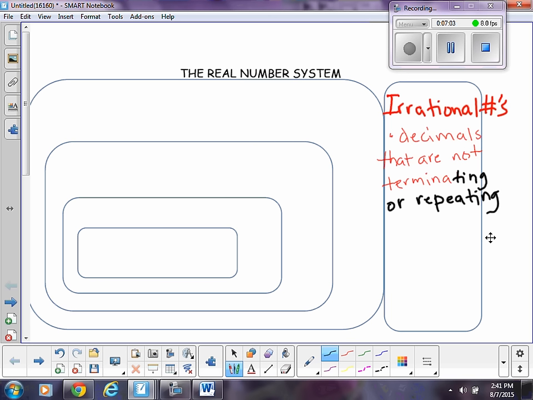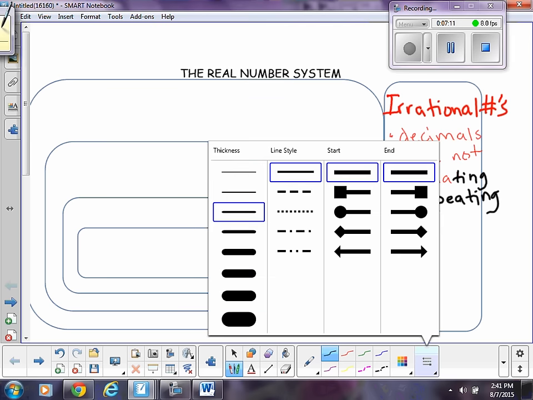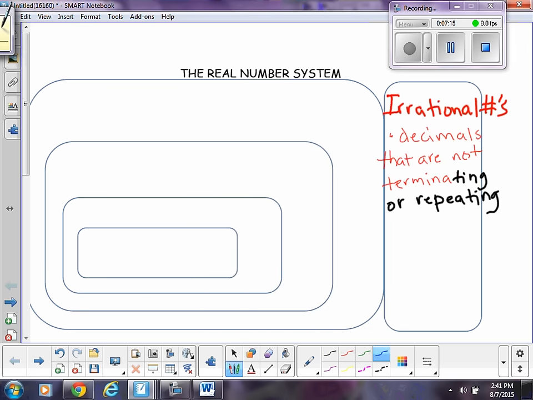Okay, so now let's go into the other part of the Venn diagram. We're going to start on the outside in, and you remember we said that the largest subset that we have is referred to as the rational numbers. Now, there's a symbol that we use. The symbol is Q. Q is used for rational numbers.